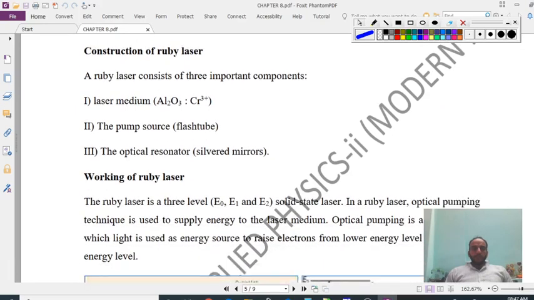Construction of ruby laser. Mainly, a ruby laser consists of three components. First is the laser medium, second is the pump source, and third is the optical resonator.